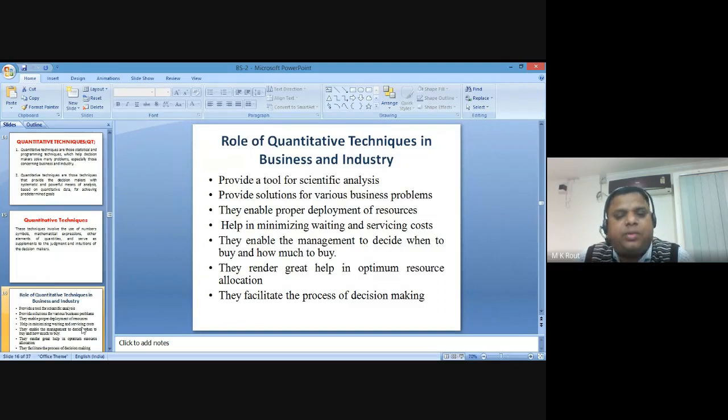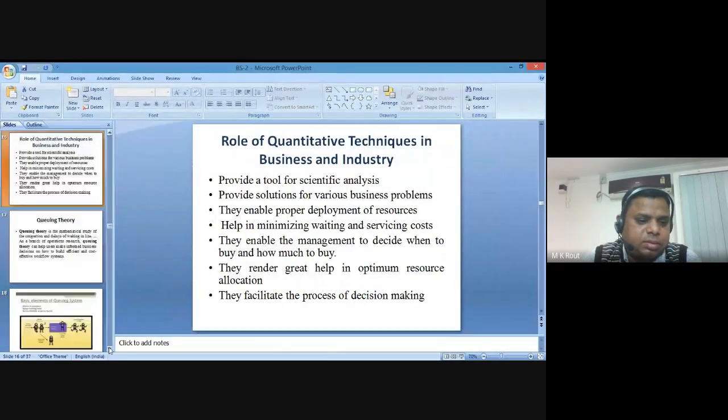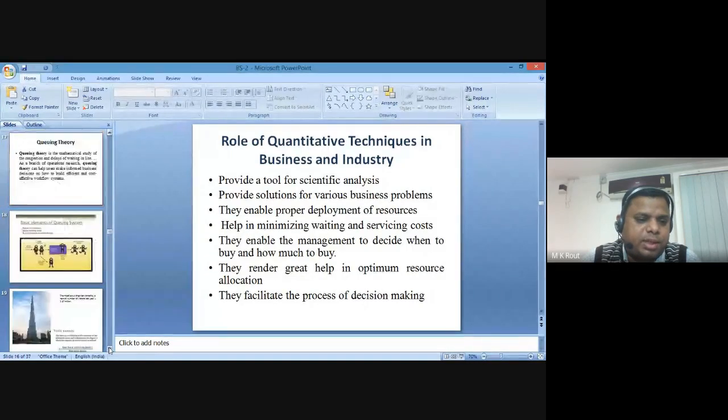It also helps in optimum resource allocation, and provides the best decision making regarding your products and services. So before starting this particular topic on quantitative techniques, I'll show a particular case study.